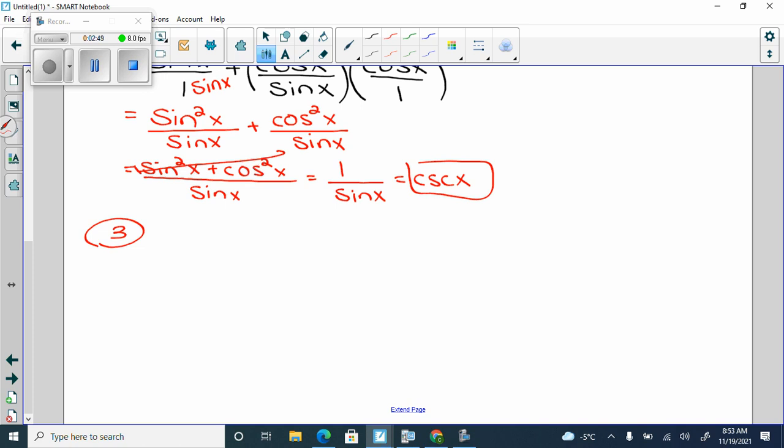3. Cotan theta over cosecant minus sine theta. I think it's cosecant, yeah. And then I wrote cos.